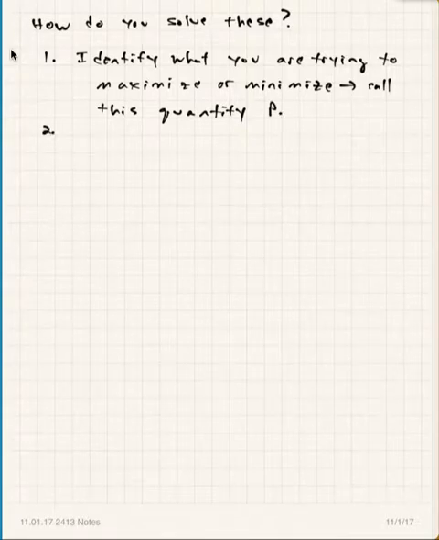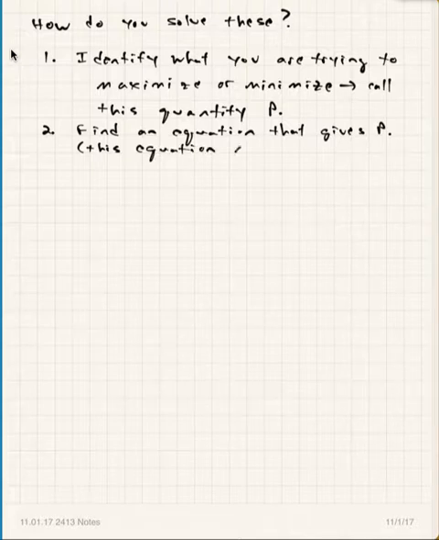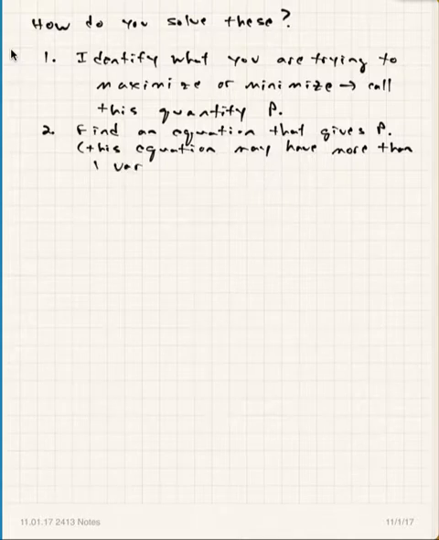All right. Second step, we're going to find an equation, or write an equation, that gives you P. This equation may have more than one variable.